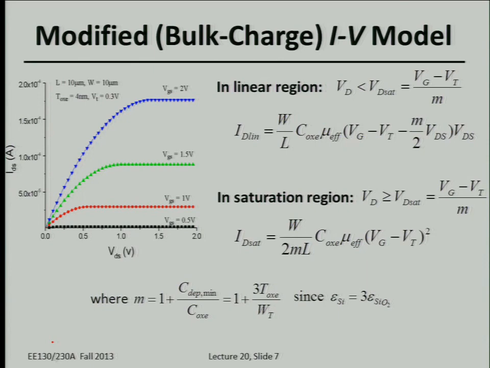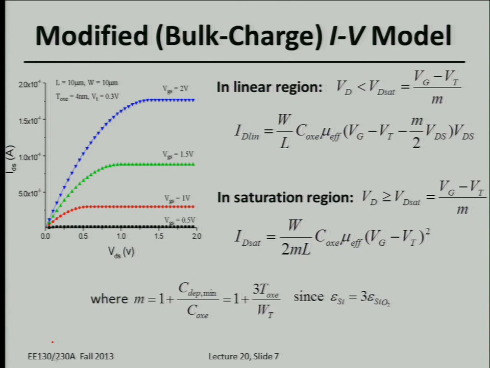This effect is something like a charge divider, or voltage divider, between your gate oxide capacitance and the depletion capacitance. The larger the depletion capacitance, the stronger this effect is going to be, so you expect to see more degradation due to those corrections, and in reality you see less MOSFET drive current.